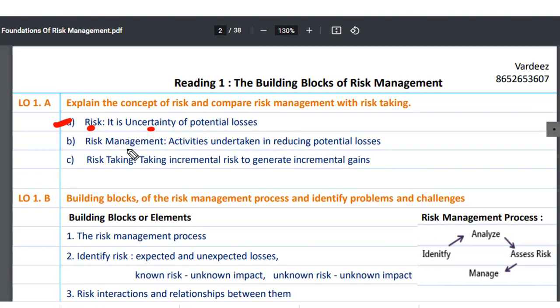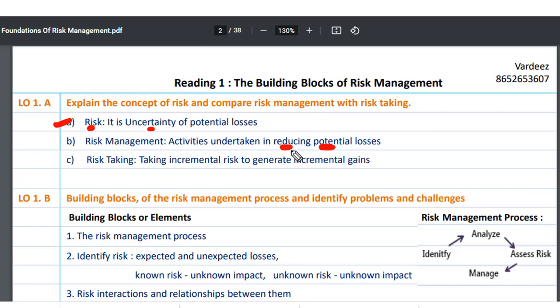Now talking about risk management, these are the activities we undertake in reducing the potential losses. I would want to point out that we cannot actually eliminate the entire risk. When we are doing business, there will be some element of risk involved, but understand that risk management can help you to reduce the potential losses.